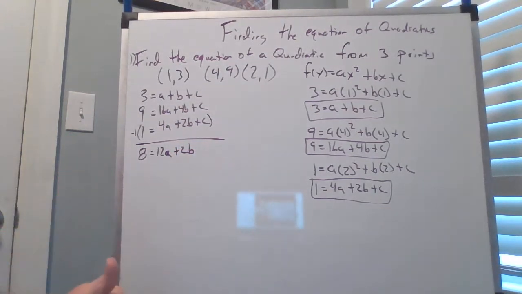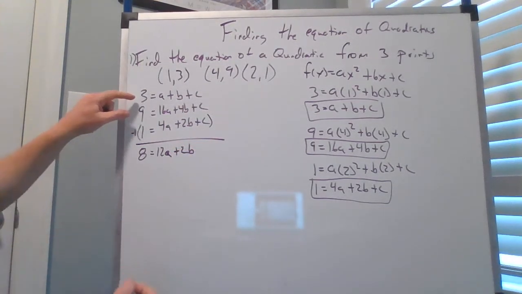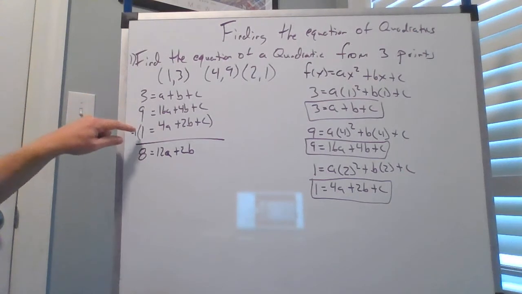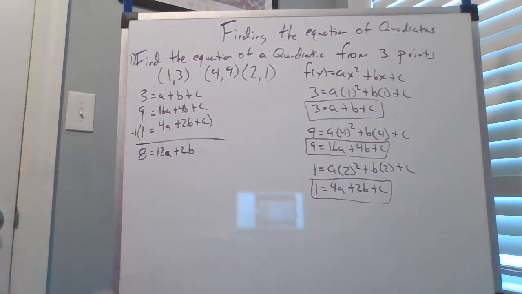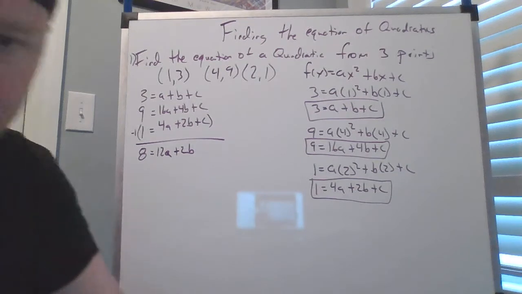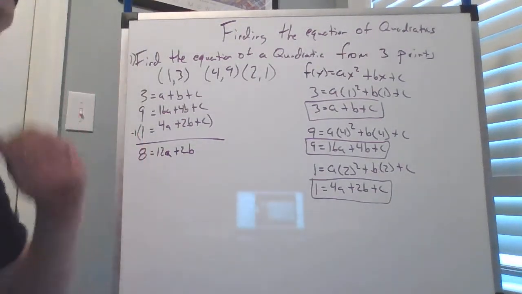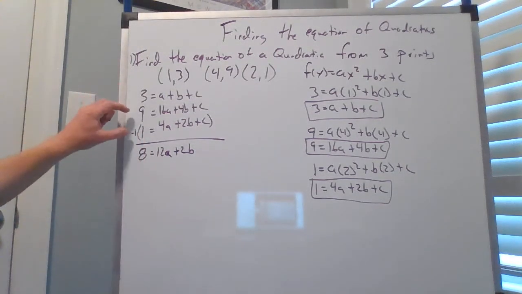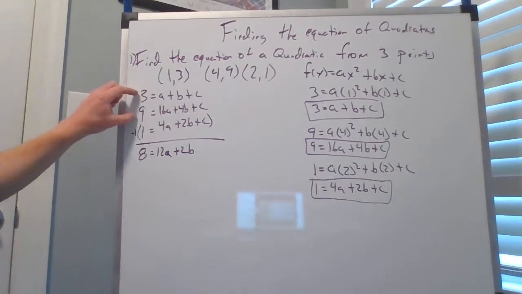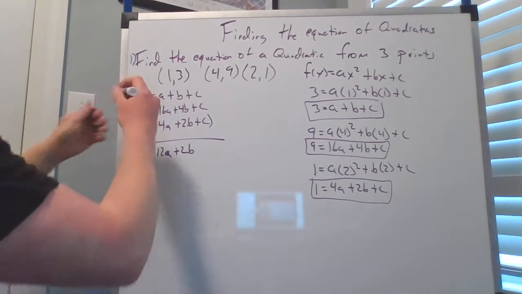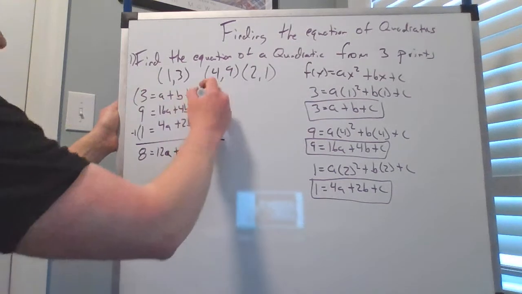This is one equation. Now I'm going to use the other two. I'm going to multiply this one by -1 so that I can use it.